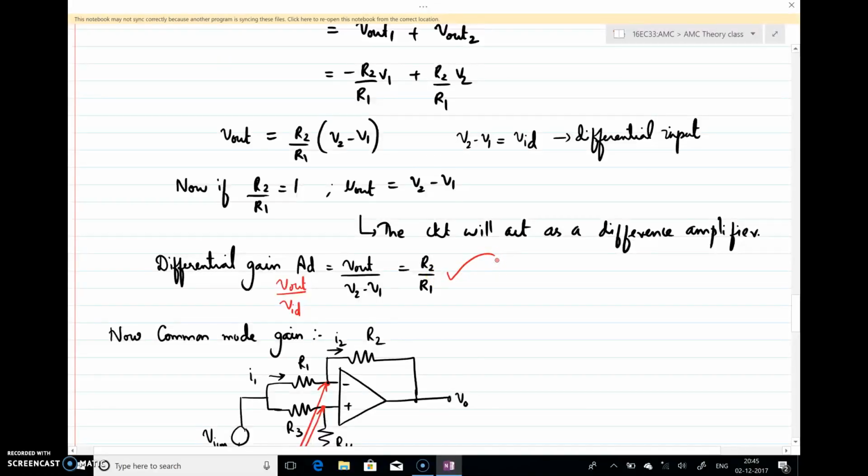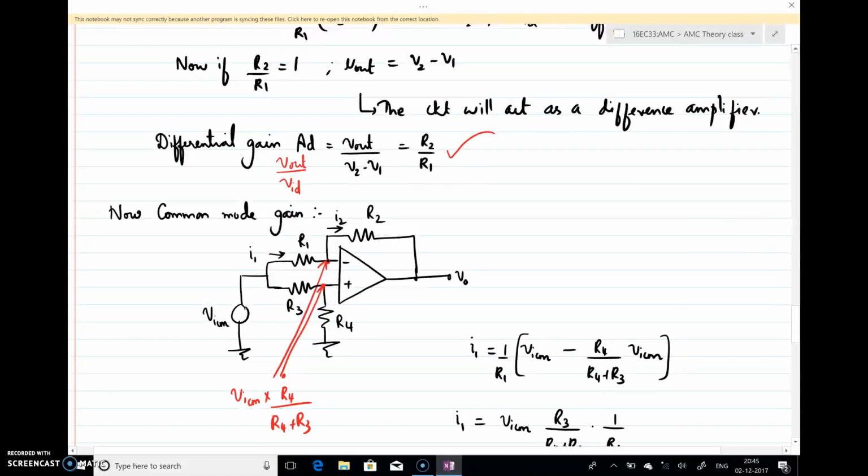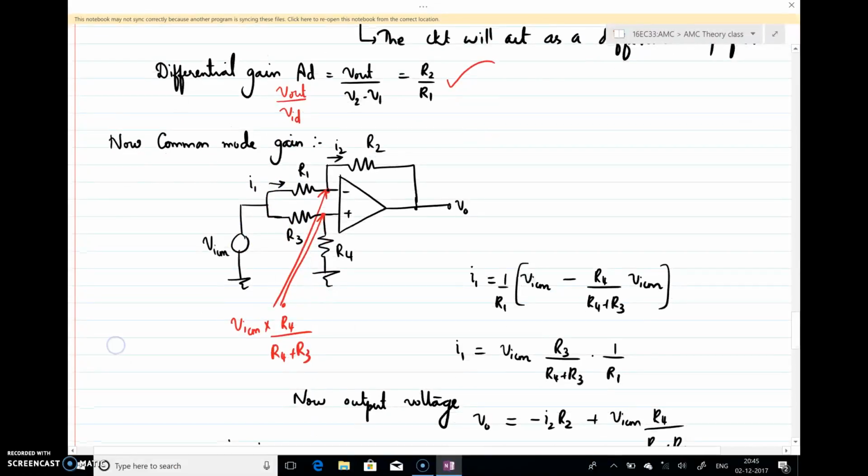Now if you want to find the common mode gain of the circuit, you can short the two inputs together and apply a common signal VICM. Now if I apply VICM here, the potential at this point and this point will be the same by the virtual ground property, and the potential there will be VICM into R4 by R3 plus R4. The same potential will be at this point also.